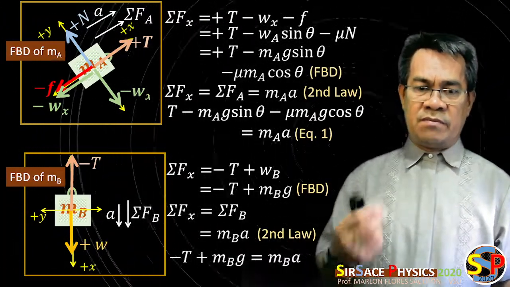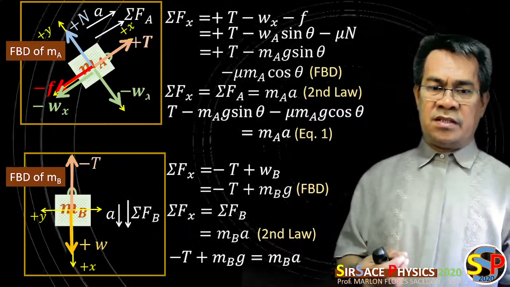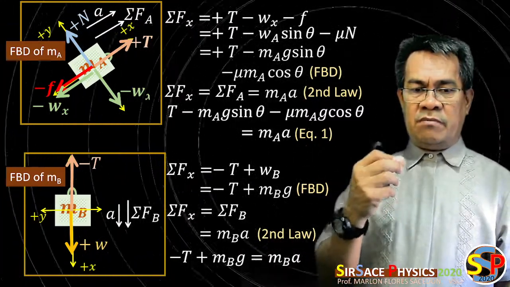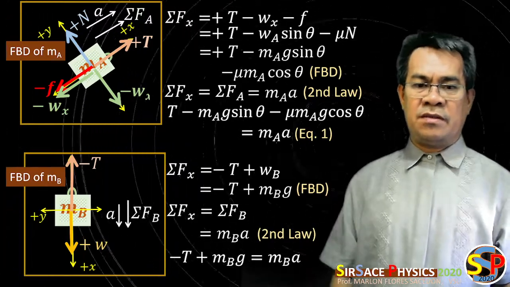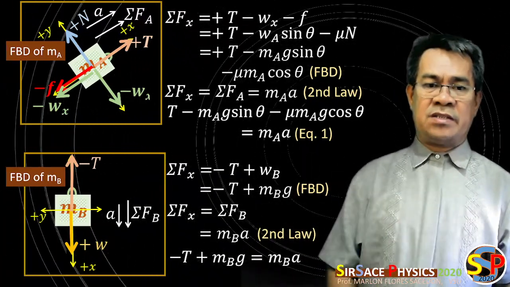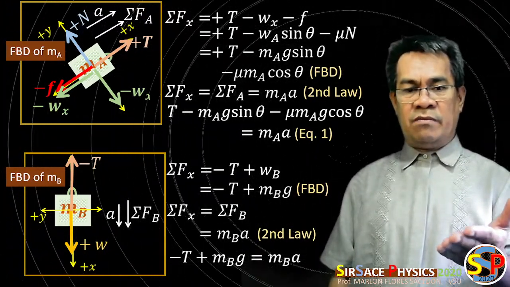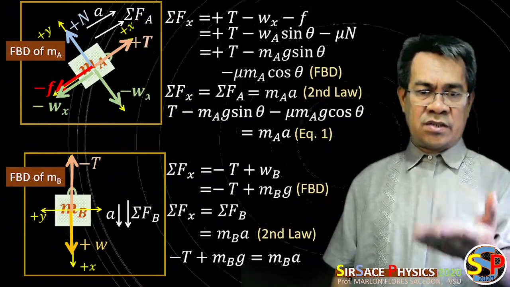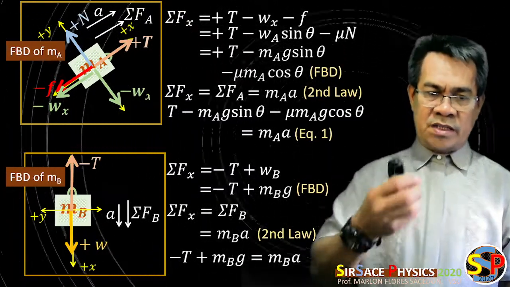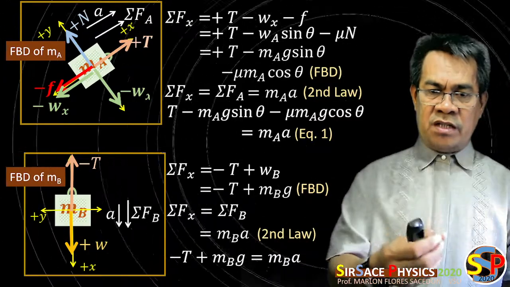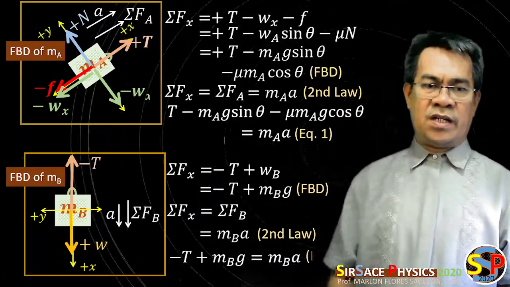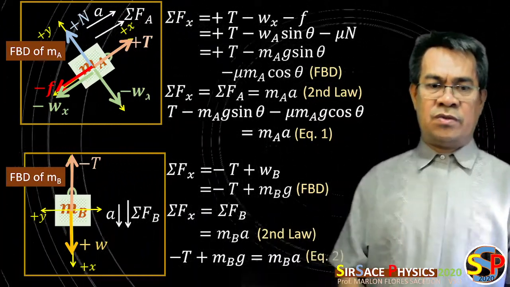So we have negative T plus mBg equal to mass B times the acceleration. So again we have another equation that has two variables, the acceleration a and the T. We can call it equation 2.